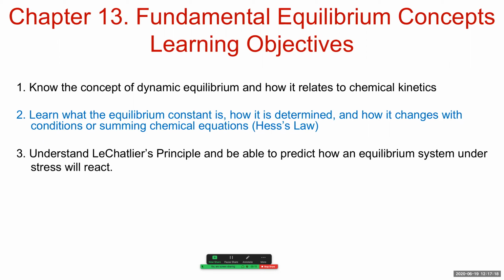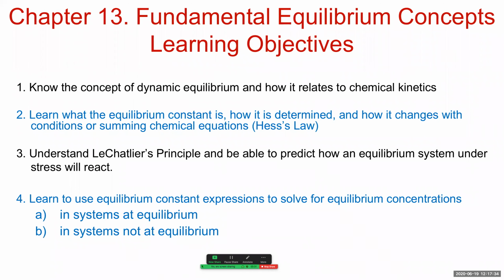Also, understanding Le Chatelier's principle, which is a qualitative way to understand how chemical equilibrium systems will change when they're not in equilibrium. And lastly, in section 13.4, we'll be doing some calculations involving the equilibrium expressions.